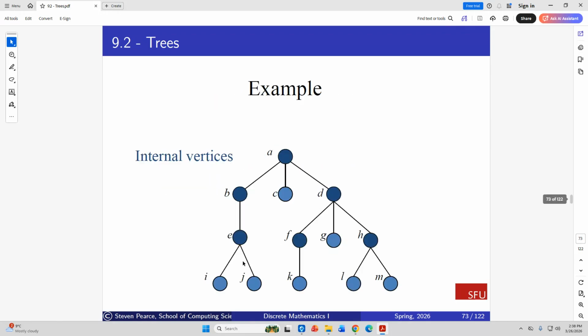I don't know why they're saying the root is an internal vertex. That's internal, that's internal, that's internal. Is a root an internal vertex? I suppose you can say it is, but it's usually designated as separate, as a special root. But it is internal. It definitely is internal.